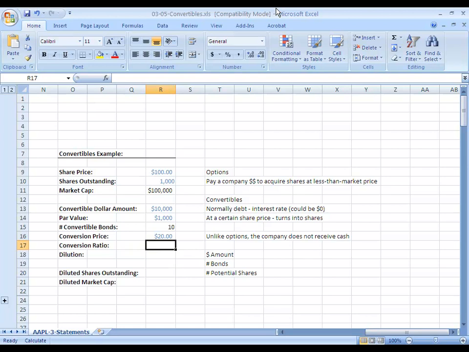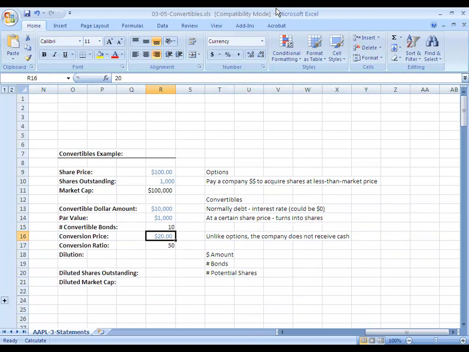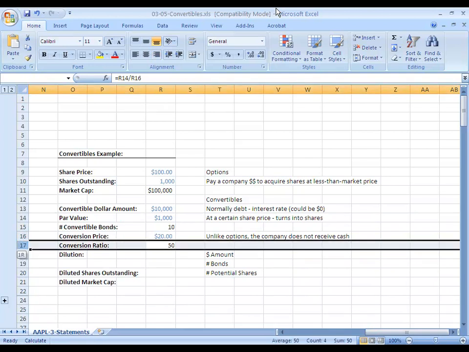And then for the conversion ratio, we are going to take the par value and then divide it by the conversion price. So we have 50 right here. Now the reason we do this is because the bond as a whole is worth $1,000. And so if you can convert it at the $20 level, then that means that each bond will correspond to 50 new shares outstanding. So the conversion ratio could also be called the number of new shares per bond or something like that, if you want to think about it like that instead.